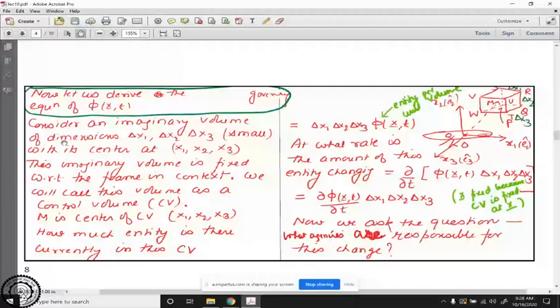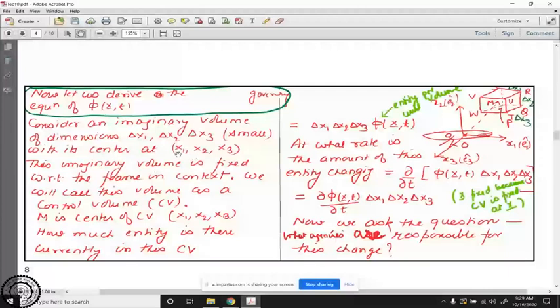So now let's consider an imaginary volume of dimensions delta x1, delta x2, and delta x3, all small. Again, I am keeping them small because very soon you will see I will start dealing with Taylor series expansion, with its center at x1, x2, x3. So this is how I am defining this imaginary volume. The center has coordinates x1, x2, x3, or in the language of vectors, x under bar.